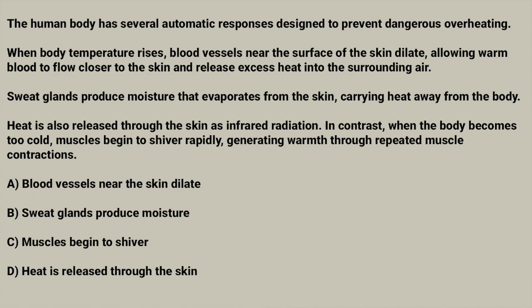The question is, according to the passage, which of the following is not a way the body responds to overheating? The answer choices are A. Blood vessels near the skin dilate, B. Sweat glands produce moisture, C. Muscles begin to shiver, or D. Heat is released through the skin. The correct answer is C.